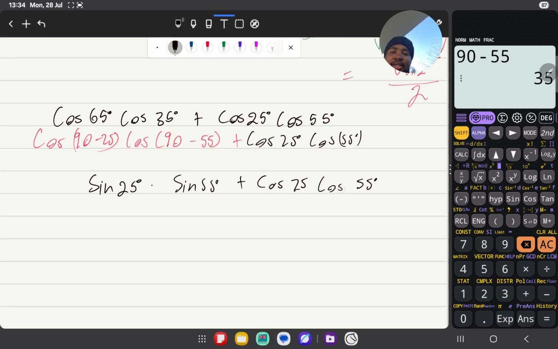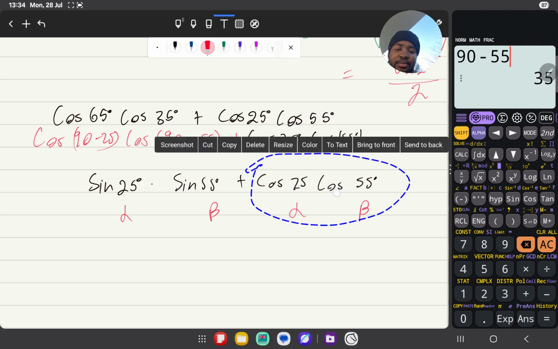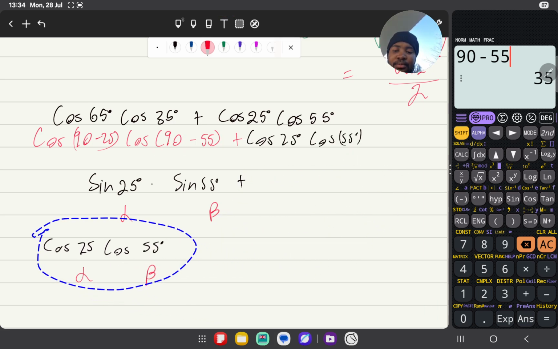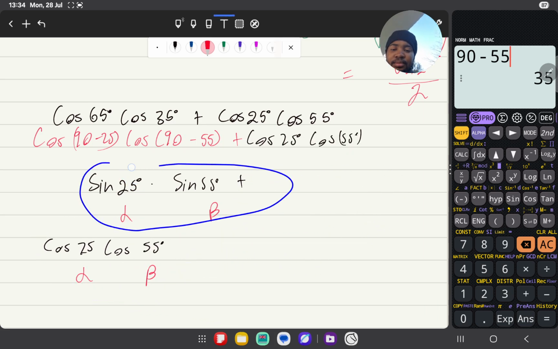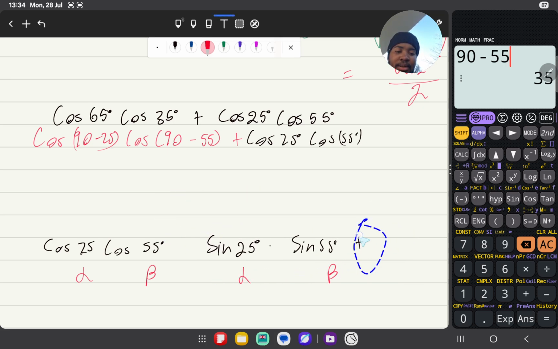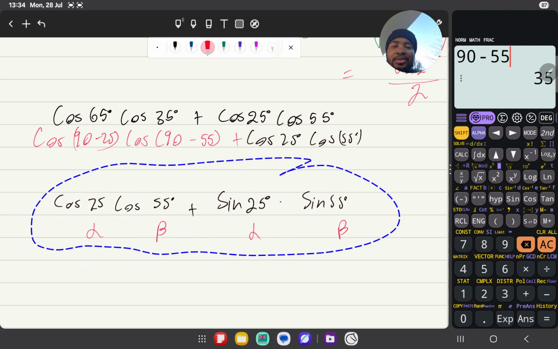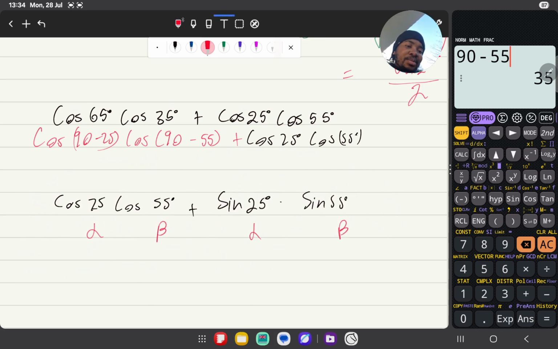And when it's like this, this is alpha, this is beta, this is alpha, this is beta. And since it's a plus, you can write it this way.